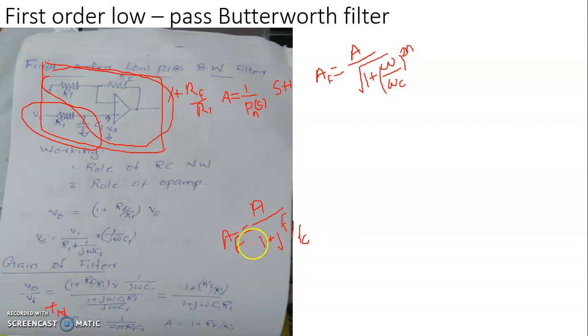Now you decompose this complex gain into its real and imaginary part. For that, we will have to multiply this gain by the conjugate of the denominator. Then you will get the real part as A by 1 plus F by Fc whole square, and imaginary part as A into F by Fc by 1 plus F by Fc whole square.